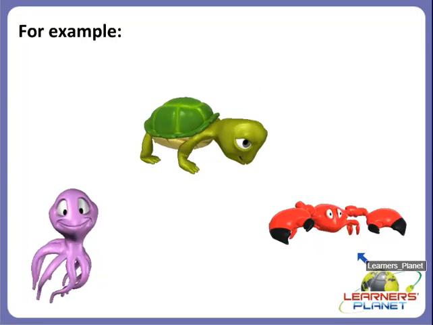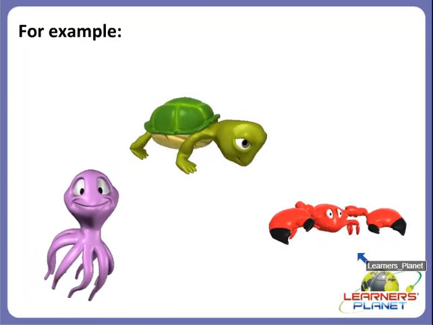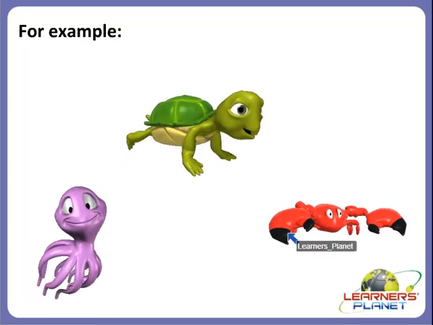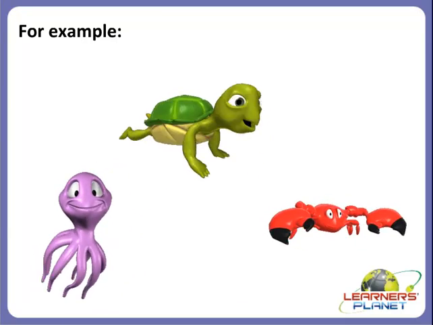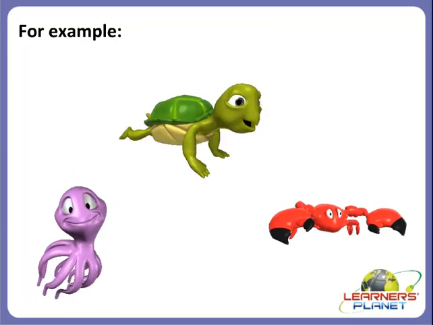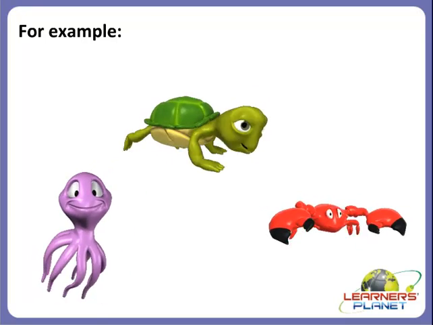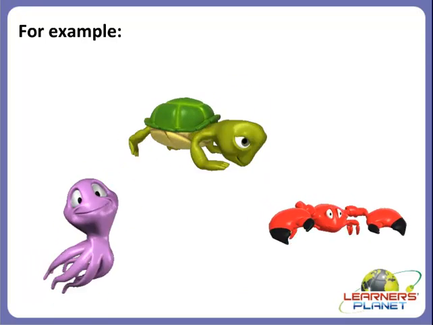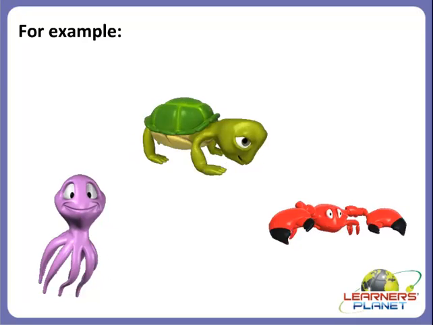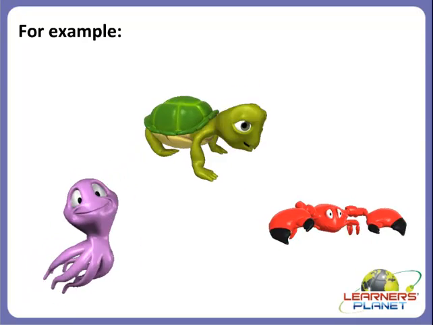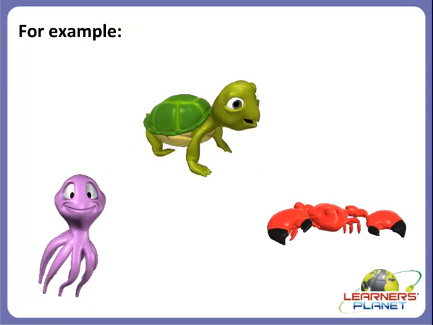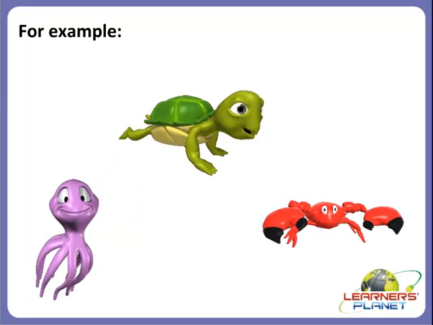So always remember that turtle, octopus and crab are also aquatic animals, and all other fishes are also aquatic animals. So children, I hope you are clear with this category, that is aquatic animals.